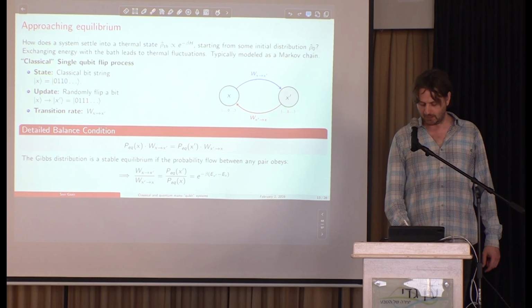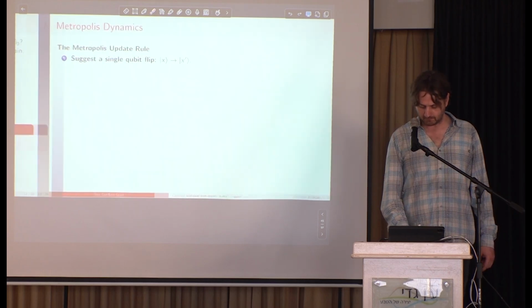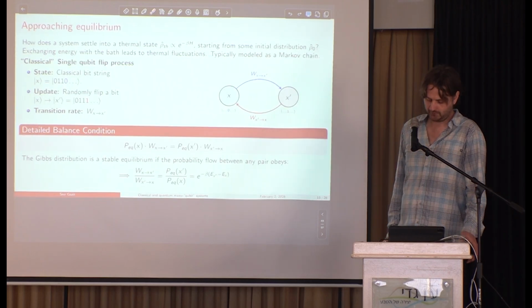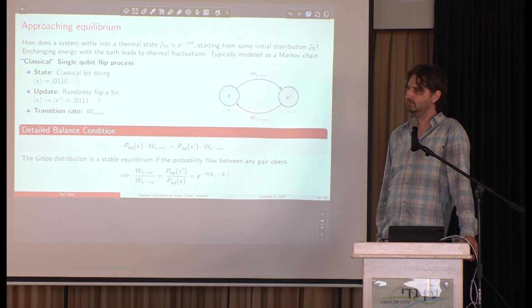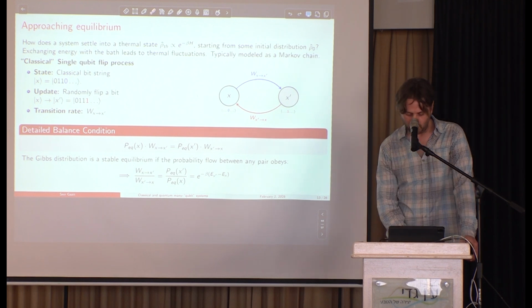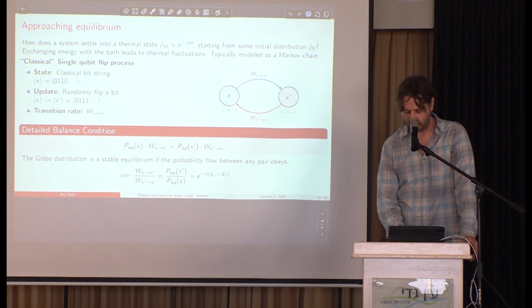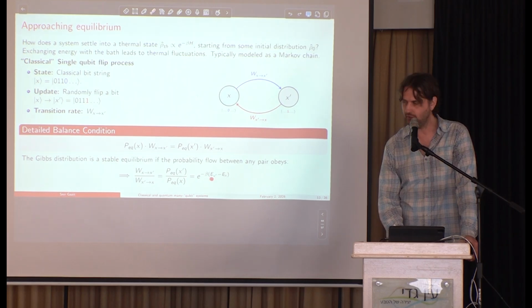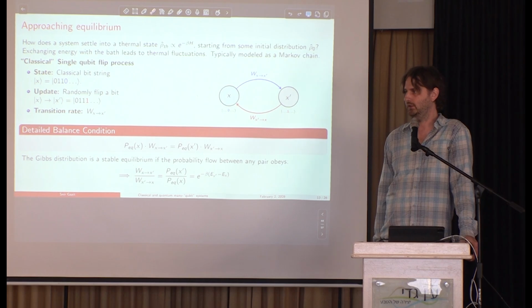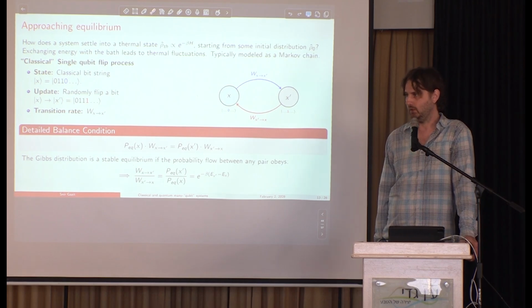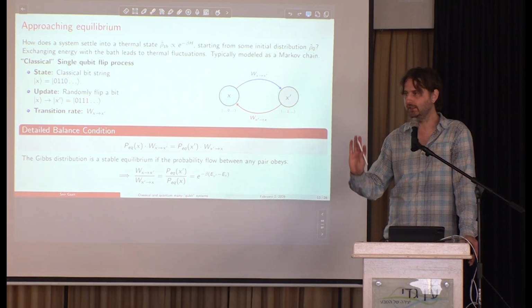So it's the equilibrium distribution. The ratio between those two should be e to the minus beta times the energy difference between those two states. In the quantum mechanical setting, it's slightly more involved.